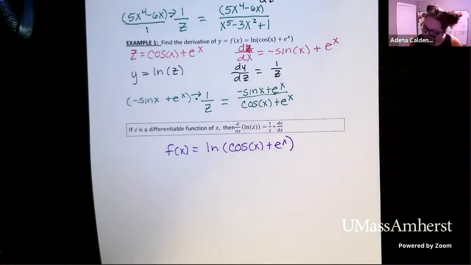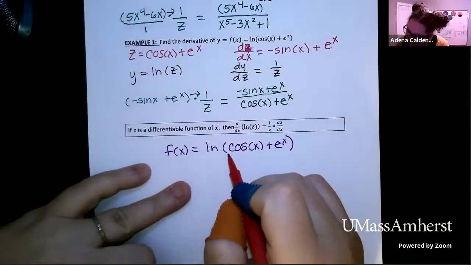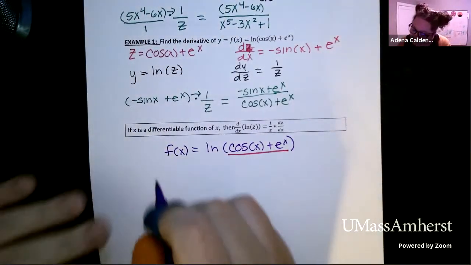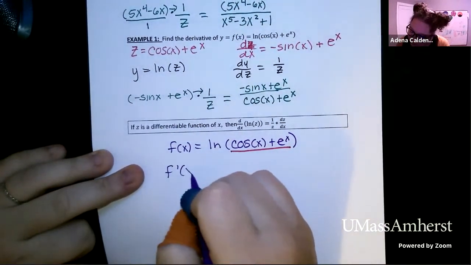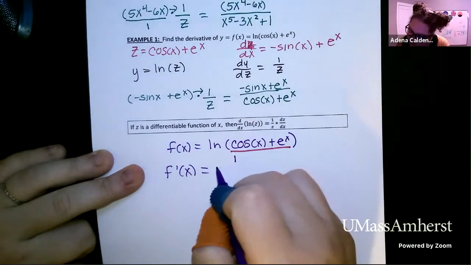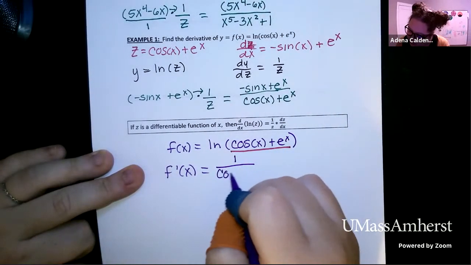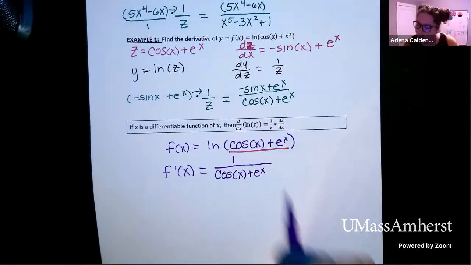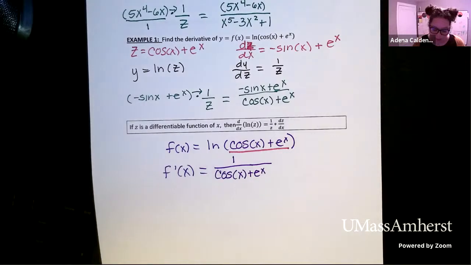Okay, so what this shortcut says is, hey, the derivative of the natural log of x is 1 over x. So when you start your derivative, instead of doing 1 over x, do 1 over whatever's inside there. Right, so we have 1 over whatever this stuff was.